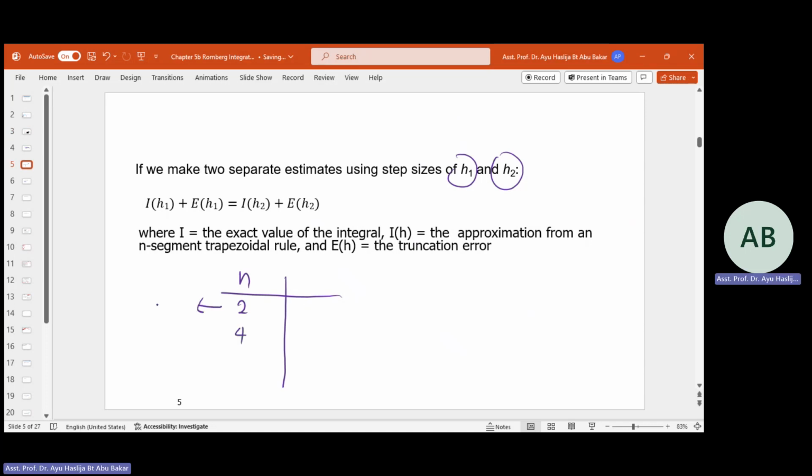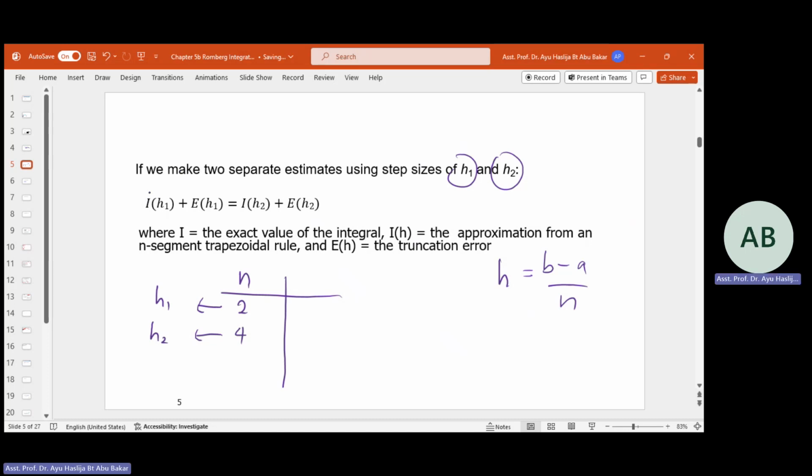So here you will have your H1. From the given range, how to find the H again? B minus A over N. H1 is not the same when you have 4 segments. If you have 4 segments, you will have a different, smaller value of H, then the integration value will be more accurate, closer to the true value.